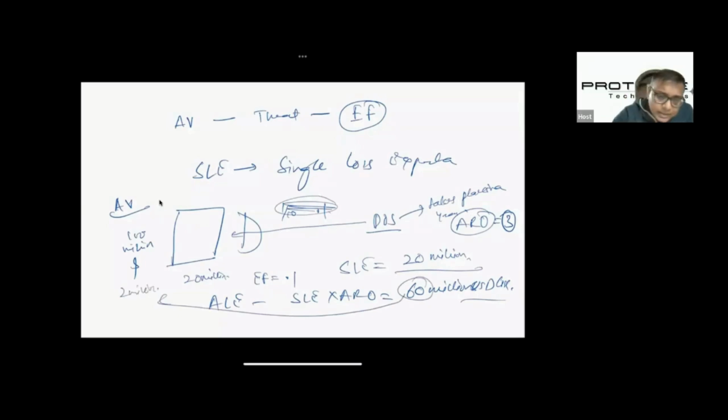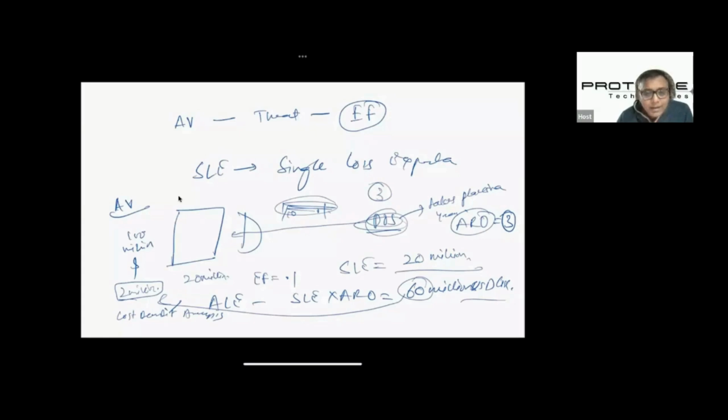I'll research a control or a safeguard which reduces this denial of service attacks from 3 times in a year to a value wherein my loss is only equal to $2 million. This kind of assessment is called a cost benefit analysis. A very simple numerical. It's given in your Cybex. Please go through it. Something very simple.